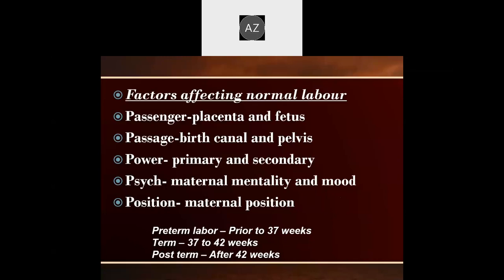Primary power is the natural rhythmic contractions of the uterus. But secondary power is maternal effort in conjunction with the primary power. The psychology is the maternal mentality and the mood. Then the position of the mother is the position in which the mother is lying.